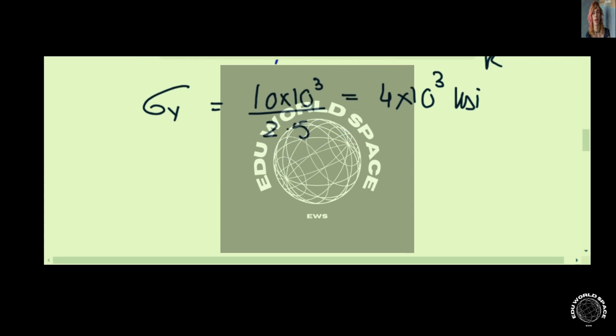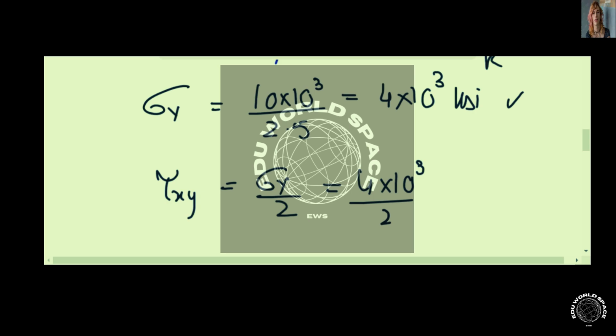Since we have the yield stress now, we can find the shear stress. The shear stress is equal to the yield stress divided by 2, that is 4 times 10 raised to the power 3 divided by 2, so that would be 2 times 10 raised to the power 3 ksi.